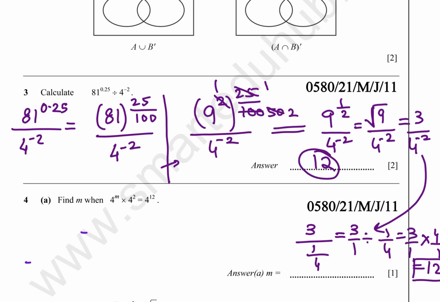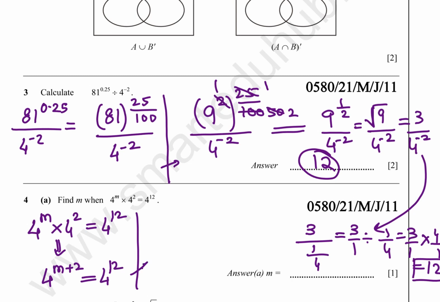Getting it? And I'll also do the last one. I said this was the last one, but I'm tempted to even solve this one. So let me really solve this. You need to find m, and it's pretty simple. 4 raised to m into 4 raised to 2 is equal to 4 raised to 12. Now this is like a raised to m into a raised to n. So my left hand side changes to 4 raised to m plus 2 equals 4 raised to 12.